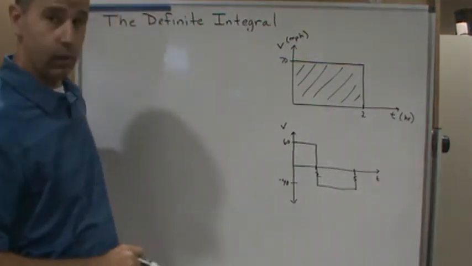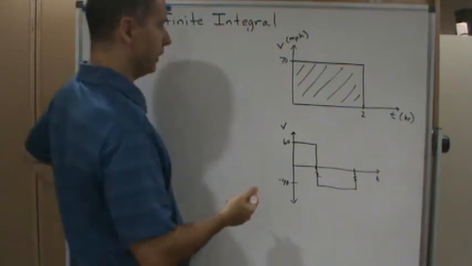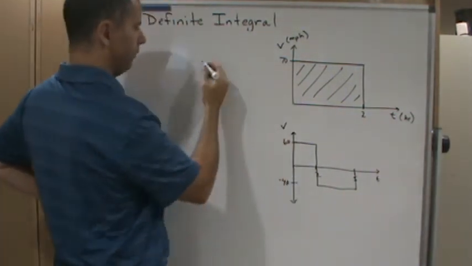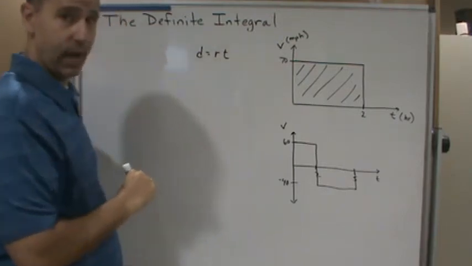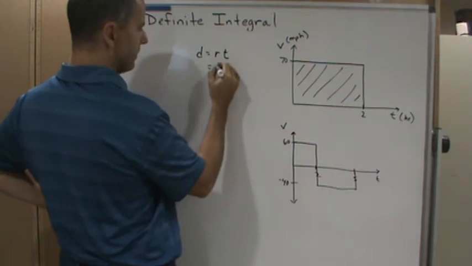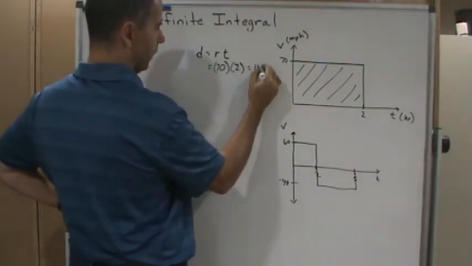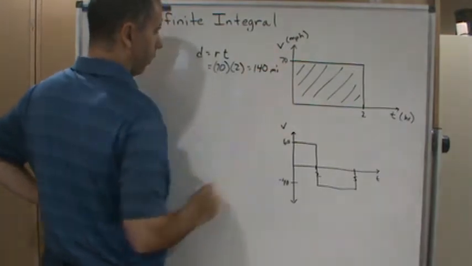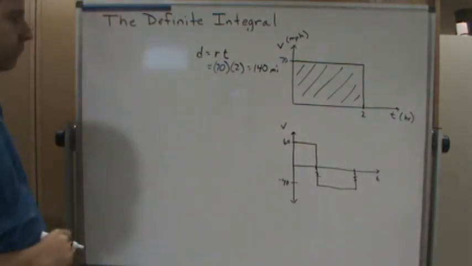We can find the distance the car traveled, so distance equals rate times time. For constant velocity, easy algebra. We just use the formula. In this case, it's 70 times 2, so 140 miles.